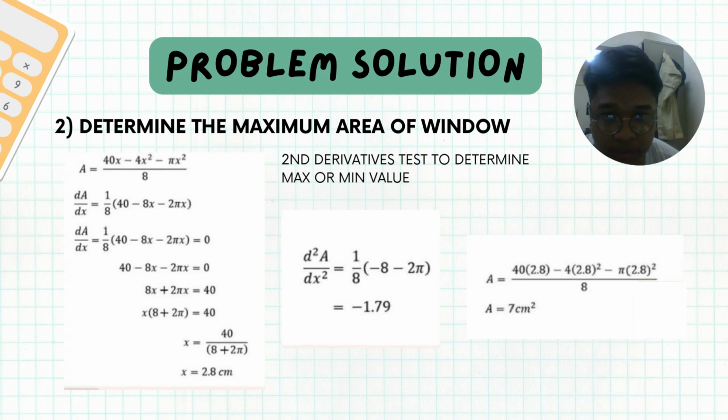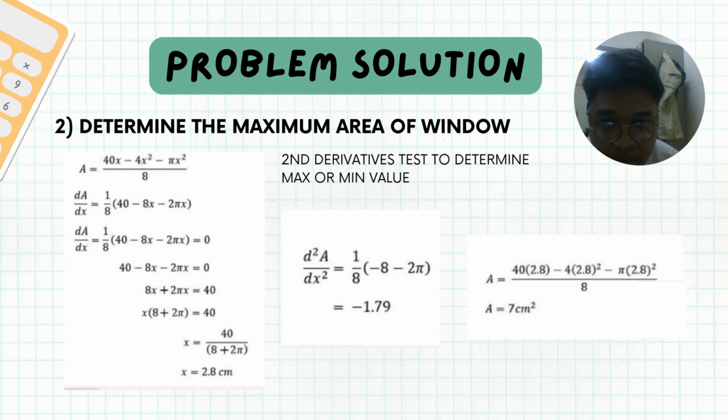So dA over dx must equal 0. So we get 40 minus 8x minus 2 pi x equals 0. We bring 8x plus 2 pi x to the right, so we get 8x plus 2 pi x equals 40.